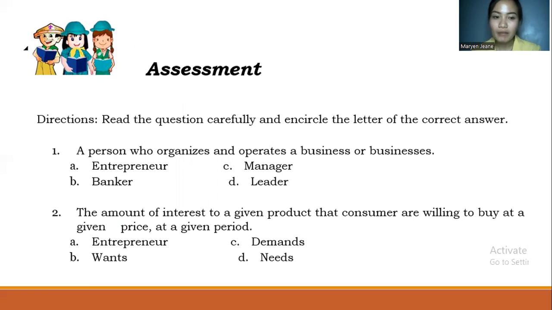A, entrepreneur. B, banker. C, manager. D, leader. Number 2, the amount of interest in a given product that consumers are willing to buy at a given price at a given period. A, entrepreneur. B, wants. C, demands. D, needs.